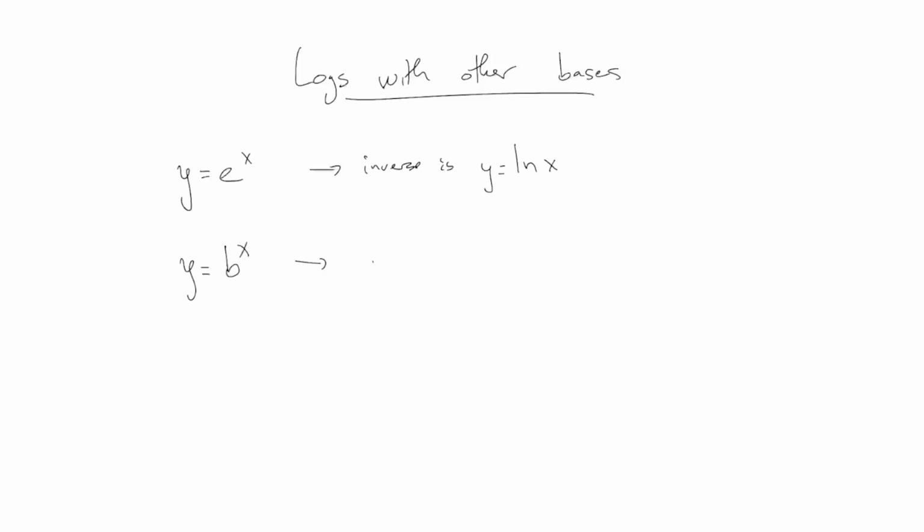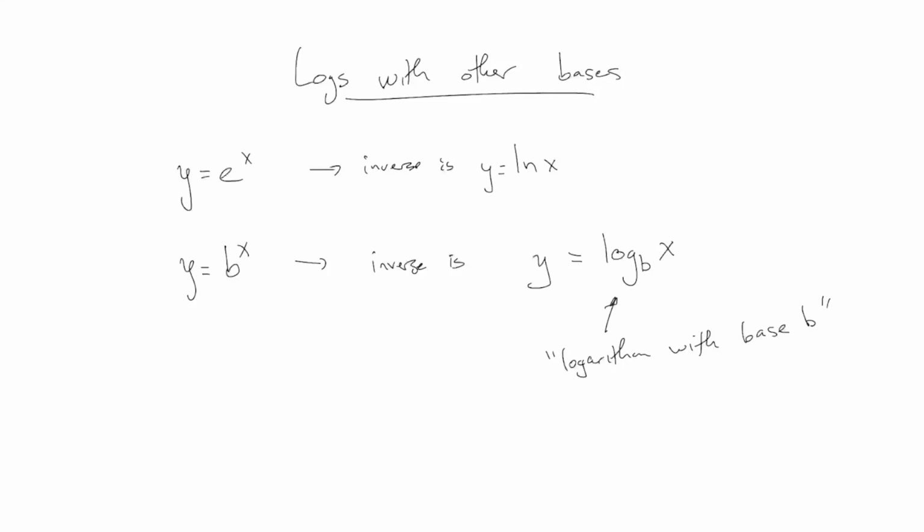It's written log with a little b down there, log b of x, and this is called the logarithm with base b, right? The log with base b. And its definition is that it is the inverse of the exponential function b to the power x, all right?